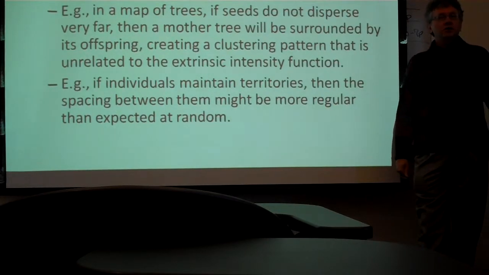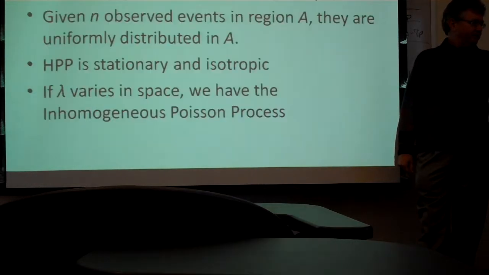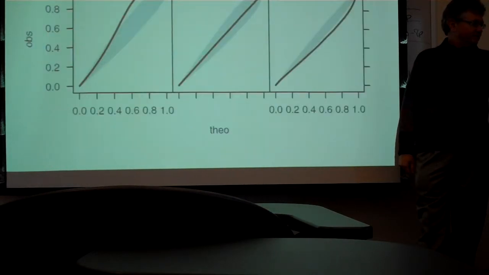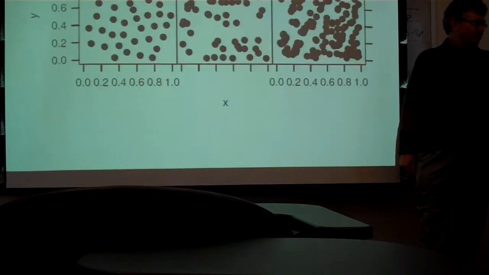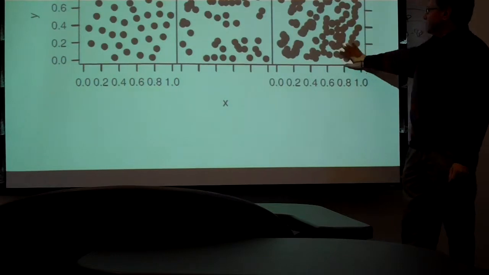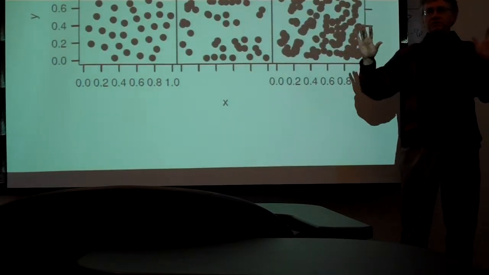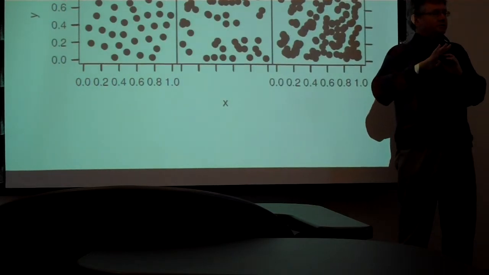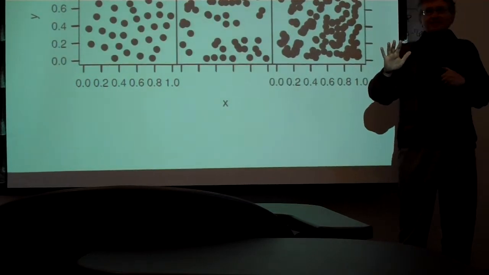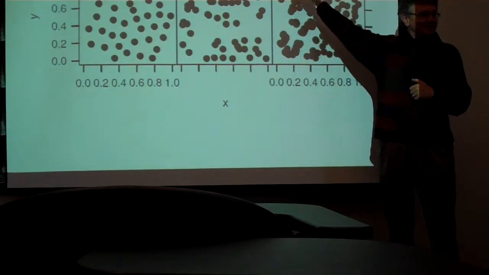If you actually tried to fit, and there's an example of this in the reading, an inhomogeneous Poisson process here that uses a local distance-weighted approach, you predict that there are all kinds of hills and valleys in the intensity function.